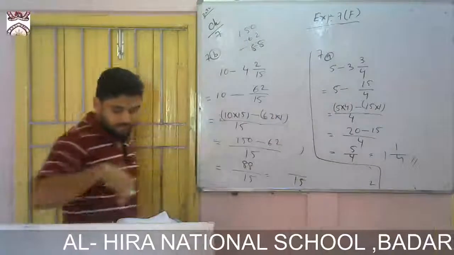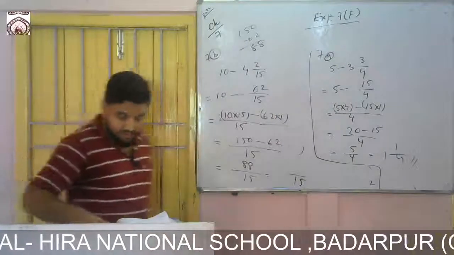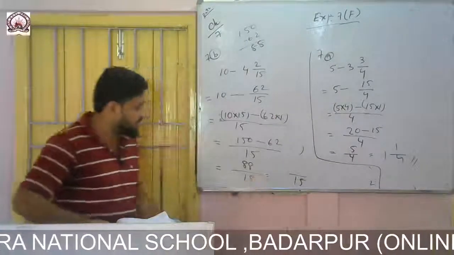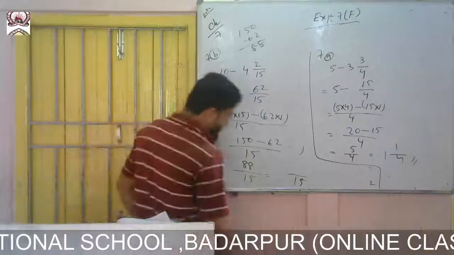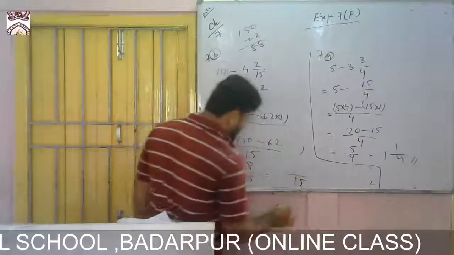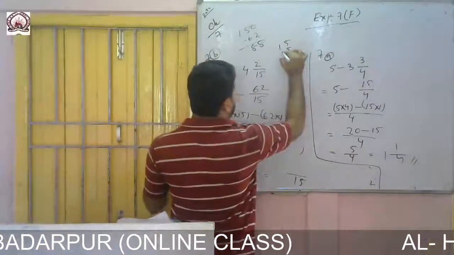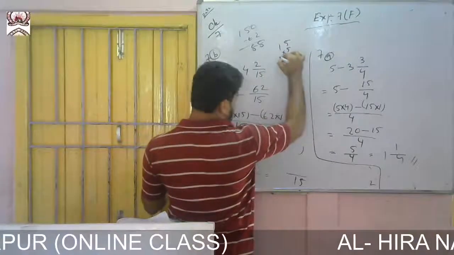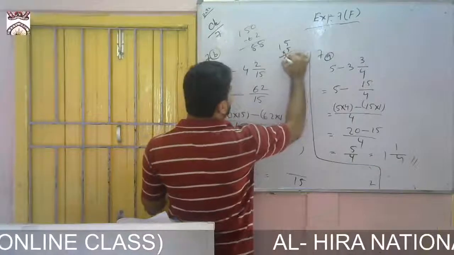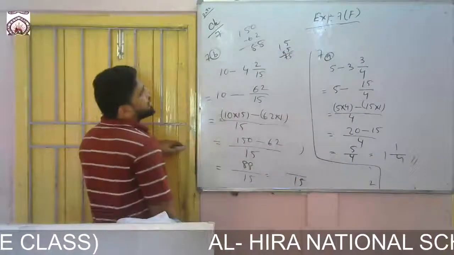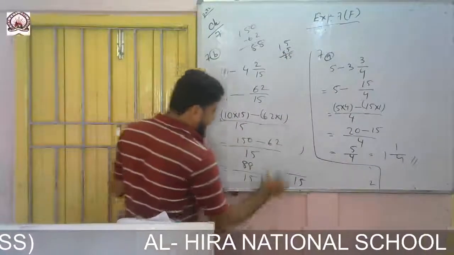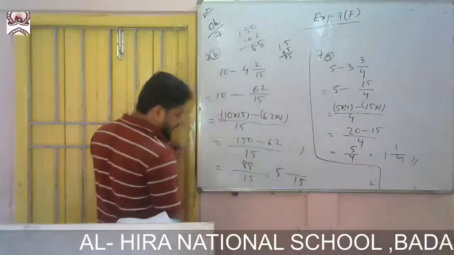Then I shall solve question number 13. See, take this one. 15 times 5 is 75.